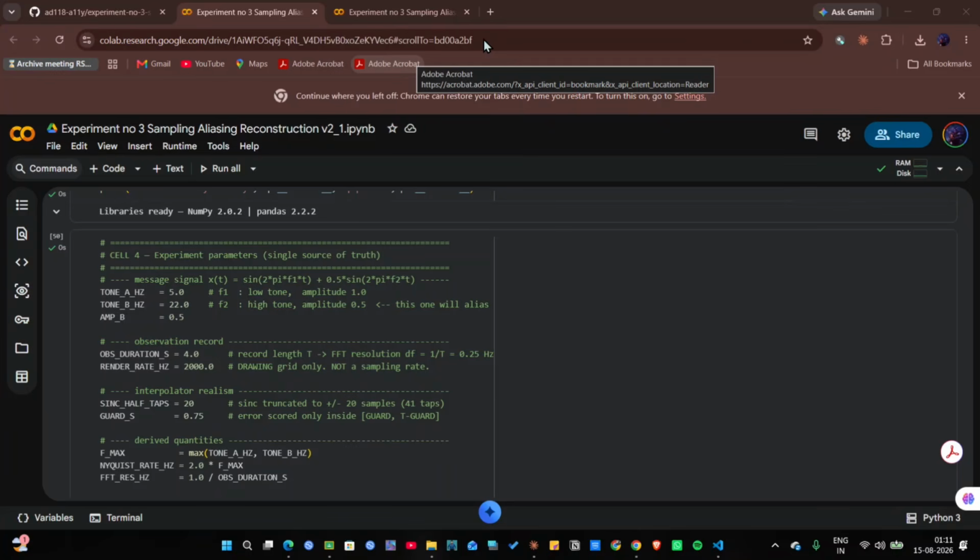Our results show 6 out of 6 checks passed, confirming that our experimental findings perfectly align with the sampling theorem's principles. This experiment clearly illustrates the fundamental importance of correct sampling rates and anti-aliasing techniques for accurate digital signal processing.